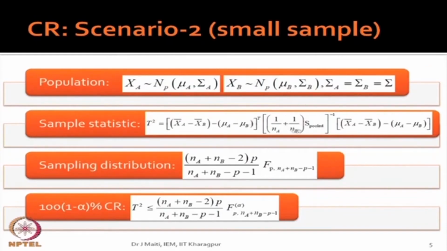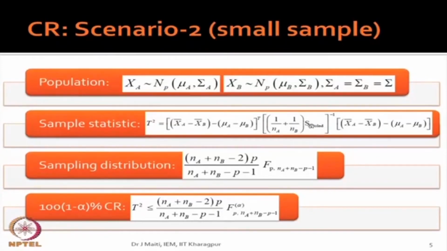Then there you used S inverse; here you have a two population case, and sigma_A equals sigma_B equals sigma. So you calculate S pooled first. This is 1 by N_A plus 1 by N_B into S pooled.